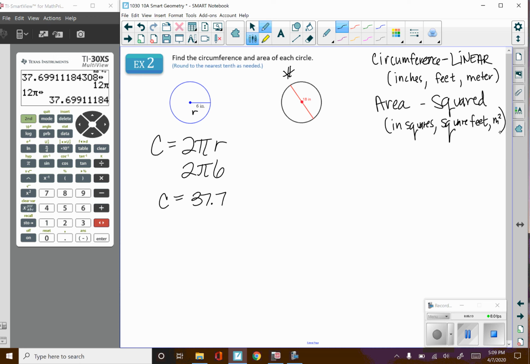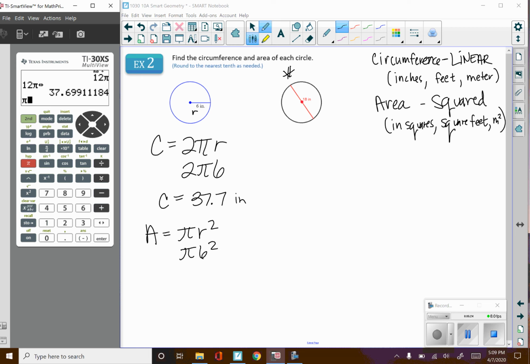For area, it's going to be squared. So this would be 37.7 inches. Area is pi times the radius squared. So for this circle, that'll be pi times 6 squared, which in decimal is 113.1, and again, that would be square inches.